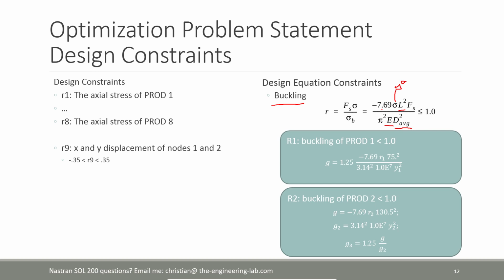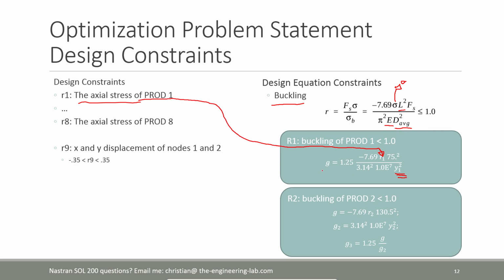So we are going to program custom constraint equations that are going to consume the axial stresses. So here you can imagine this R1 is going to be fed into this equation along with the length of the member, the Young's modulus, and the rod diameter, which is represented by the design variable Y1.